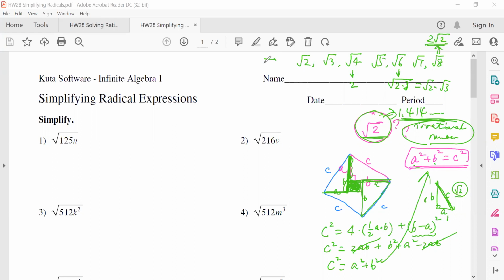I believe this is already learned in pre-algebra. And square root 9 here equals 3. Square root 10, square root 11, square root 12, which can be written as 3 times 4, so it becomes 2 square root 3, right? And square root 13.